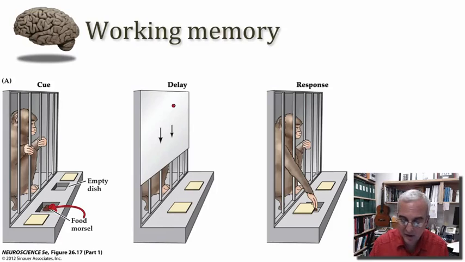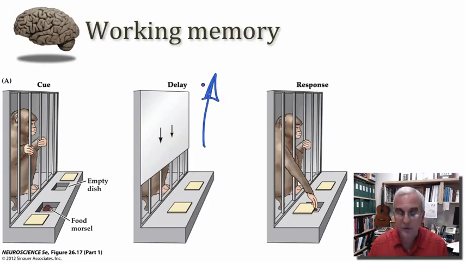This delay is imposed by a screen that's lowered for some period of time, typically some number of seconds. After some period of delay, the screen is raised, and the monkey is now free to uncover the well of choice and retrieve the food morsel.